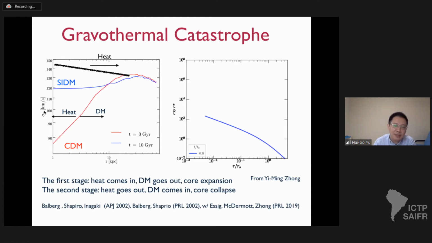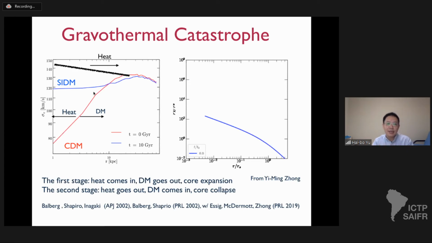You have seen this velocity dispersion as a function of radius. At the first stage, self-interactions will transport heat from the outer region to the inner region, and you get an isothermal density profile. But if you let the halo evolve further, the velocity dispersion profile increases towards the inner region. At this stage, heat will go out because the inner region is hotter than the outer region.